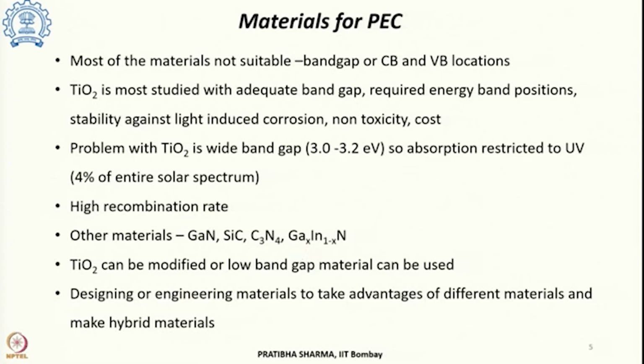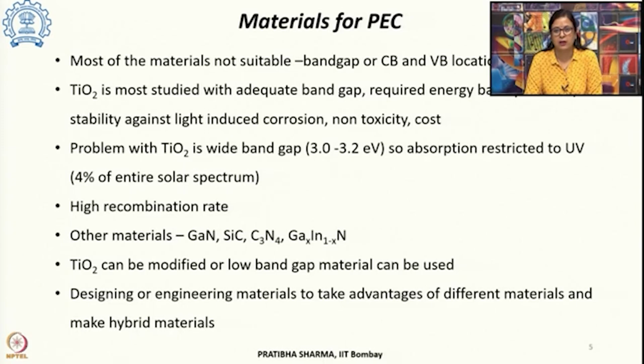The important thing here is that different materials may have different advantages, and if we can design and engineer a hybrid material that takes benefit of the advantages of different materials, to provide better efficiency and better stability for photoelectrochemical processes, then that is the desired area for research.